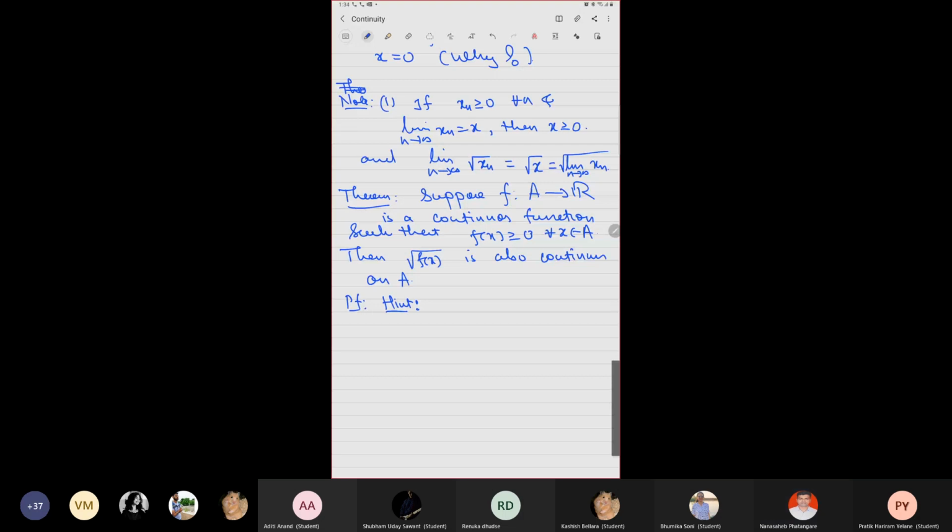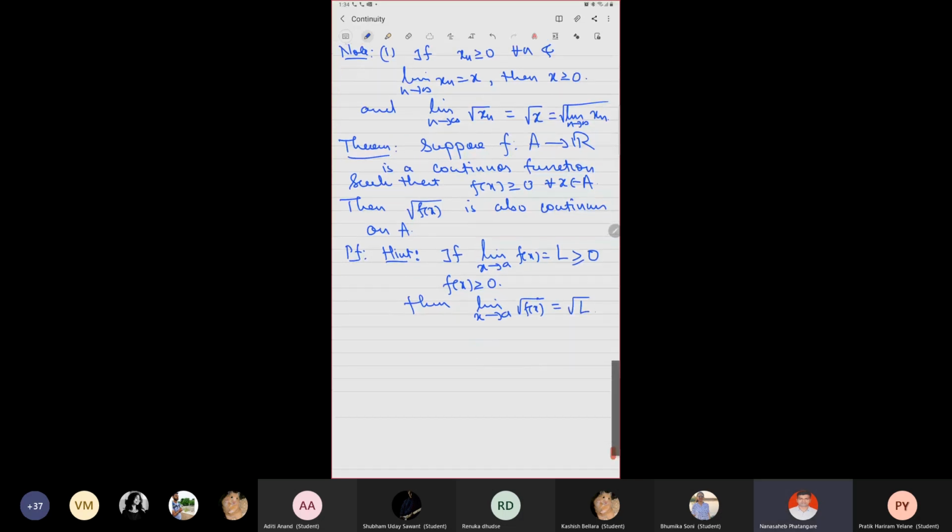If the limit as x tends to a of f(x) is L, and L is greater than or equal to 0, and the function is non-negative, then the limit as x tends to a of the square root of f(x) is the square root of L. So in this way you can think about it.